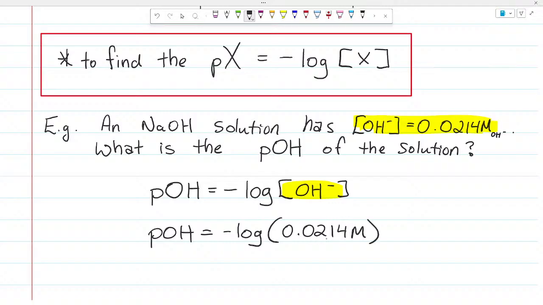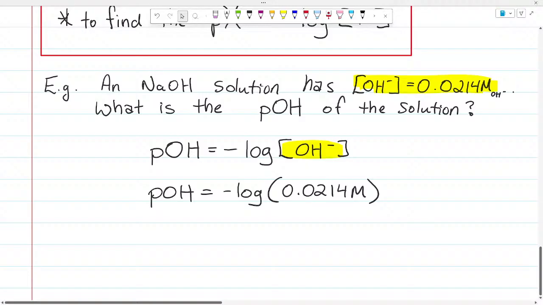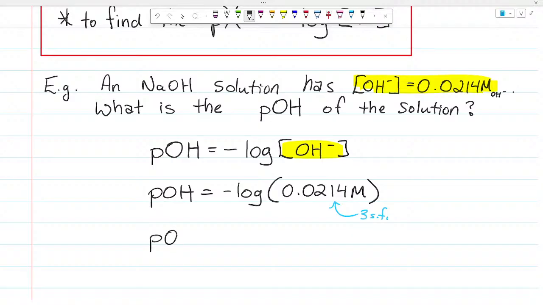That would be -1, -2, but it's a bit bigger than that, so it's going to be 1 point something. Are we talking 1.5? 1.67? And we're in how many sig figs? I think you just gave me 3 sig figs, right? We have 3 sig figs. And so the pOH would be, what'd you say again? 1.67?